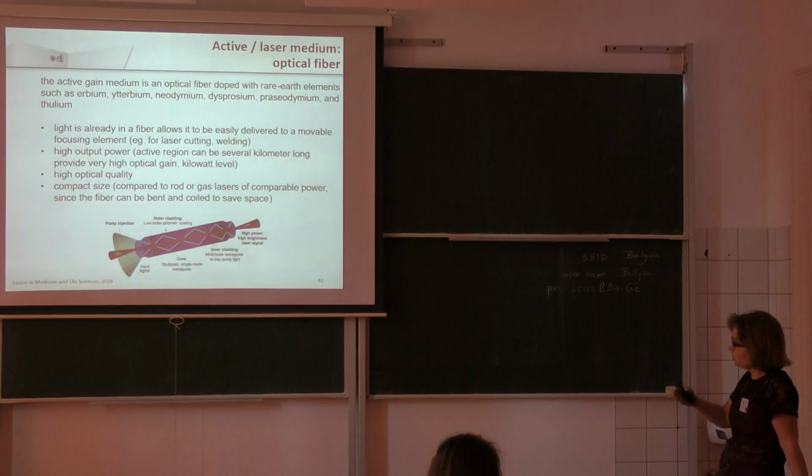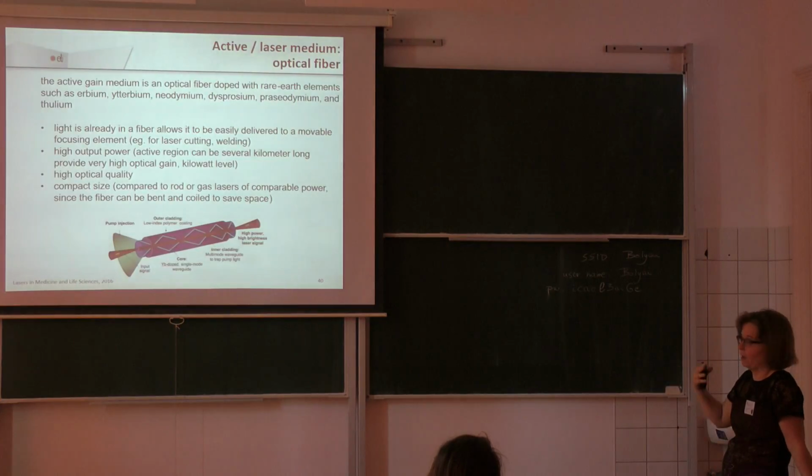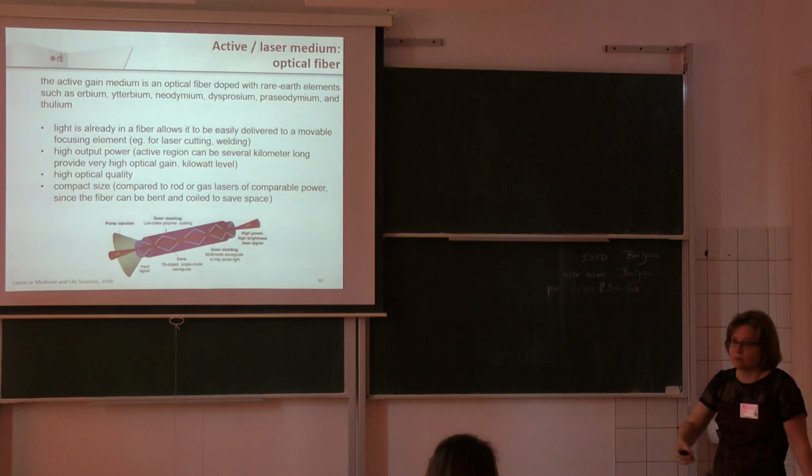But once you build such a laser, it's very compact, because you just wind up many kilometers of optical fiber and put it into the corner, and you have an active medium many kilometers in length. Light is already coupled into the fiber, so you can take it wherever you want.